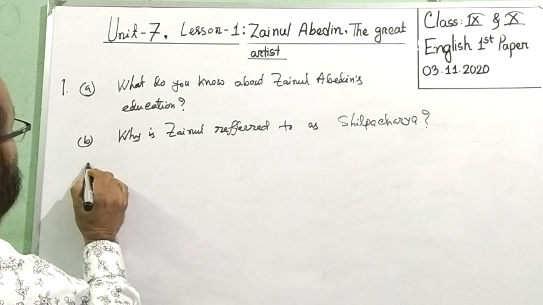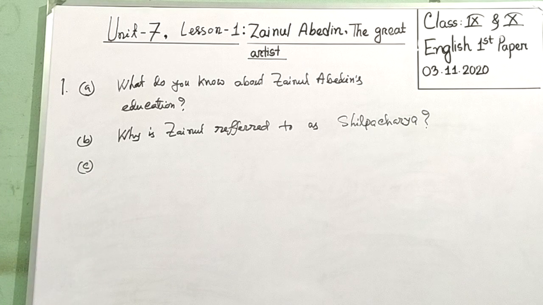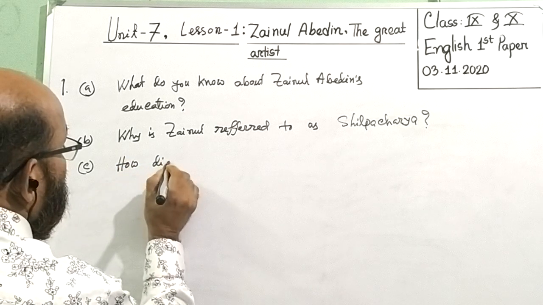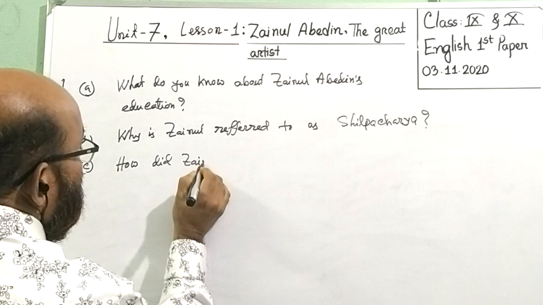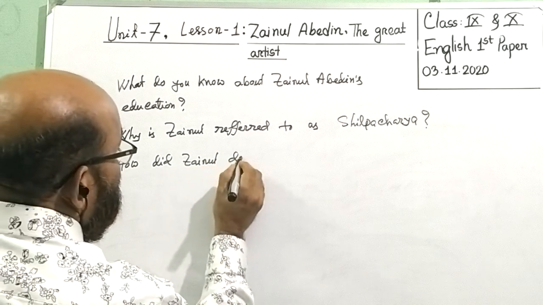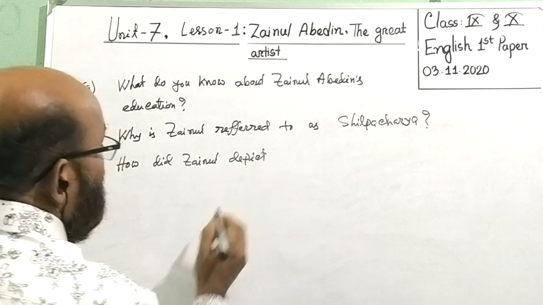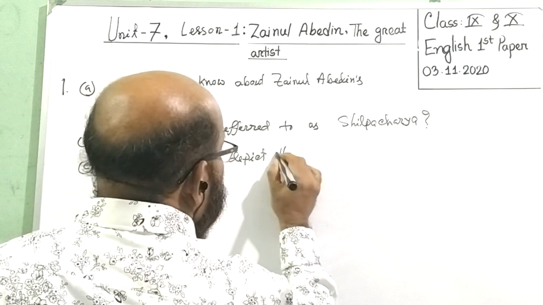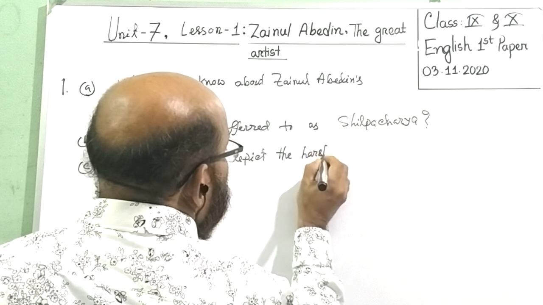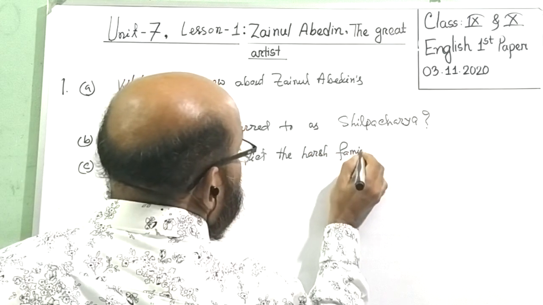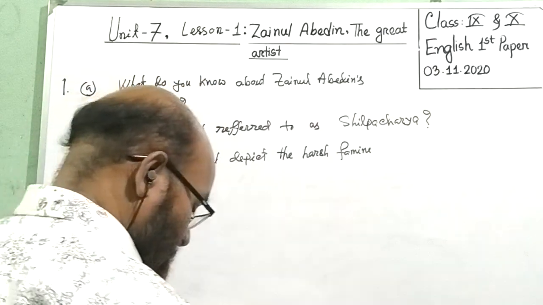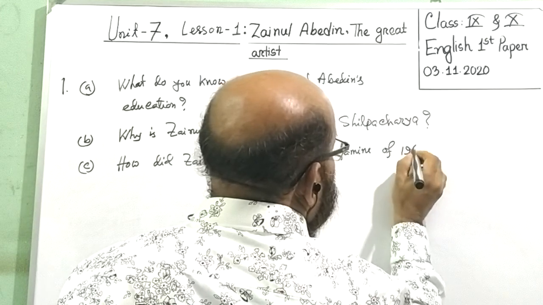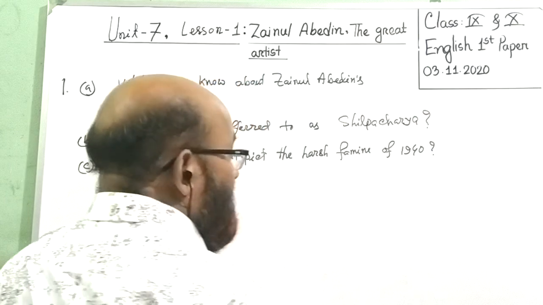Next, question number C. How did Zainul depict the harsh famine of 1943?